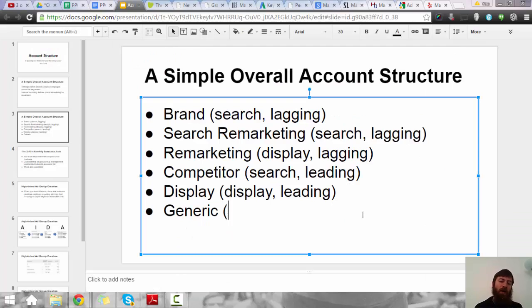And then generic, this is search advertising, and this is also what I call a leading factor for marketing. This will bring new customers in. This is the most common one people focus on, generic right here.